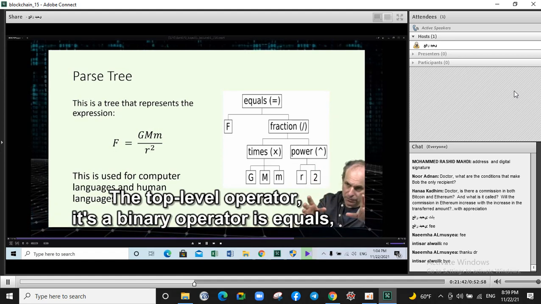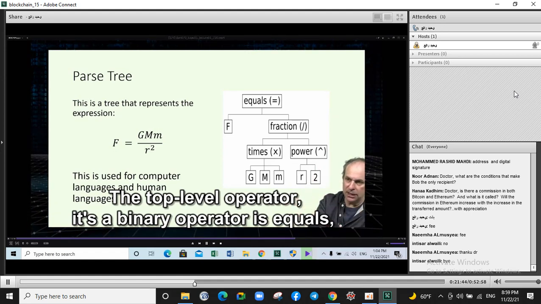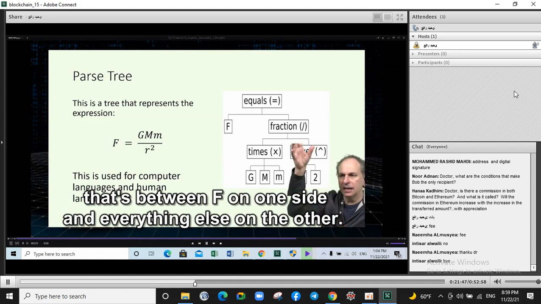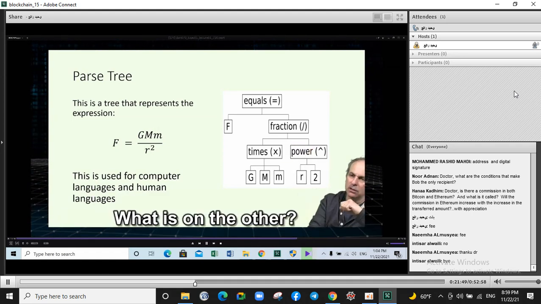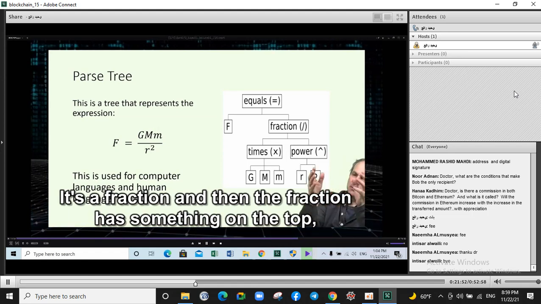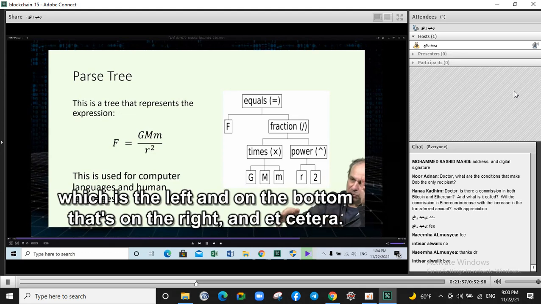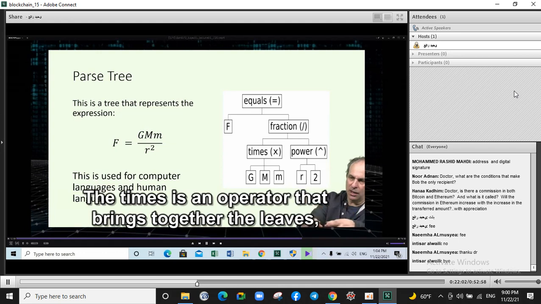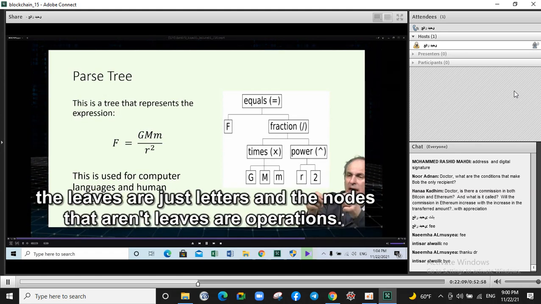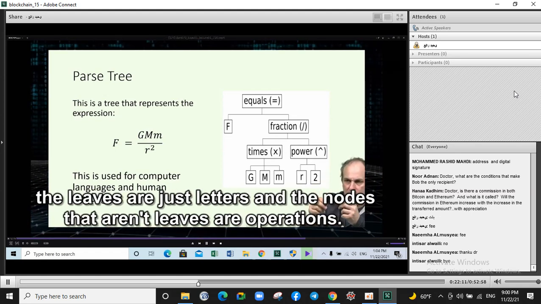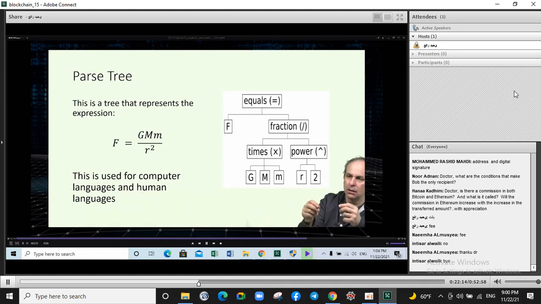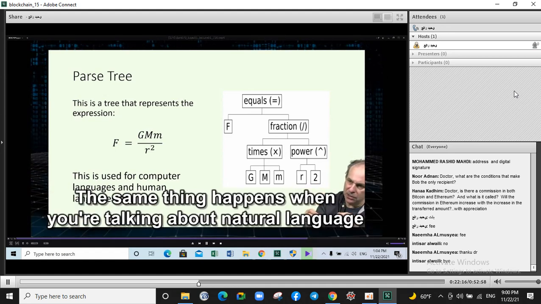So the top-level operator, it's a binary operator, it's equals, and that's between f on one side and everything else on the other. What is on the other? Well, it's a fraction, and then the fraction has something on the top, which is the left, and something on the bottom that's on the right, and so on. The times is an operator that brings together the leaves. The leaves are just letters, and the nodes that aren't leaves are operations.